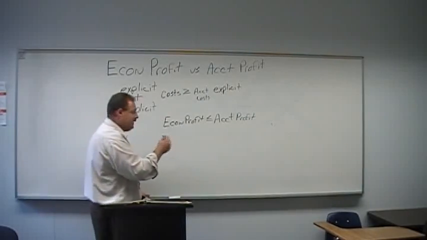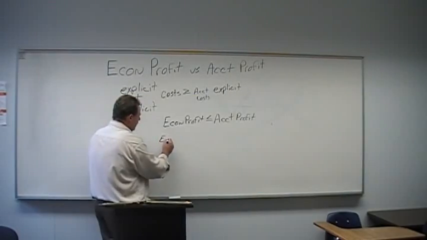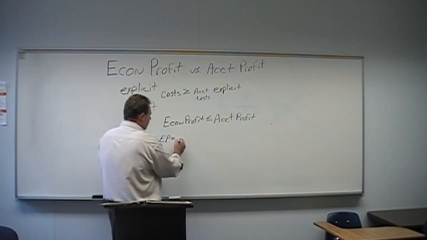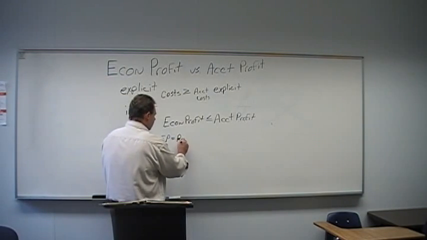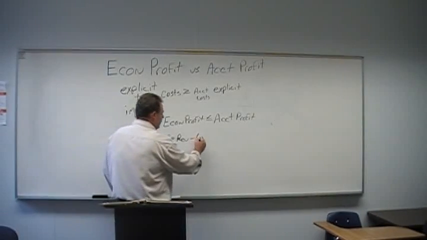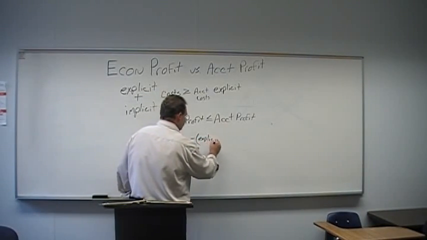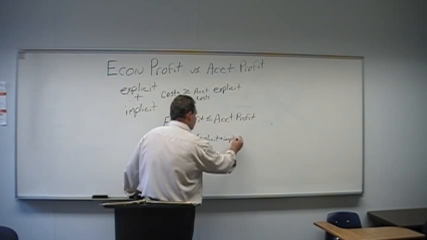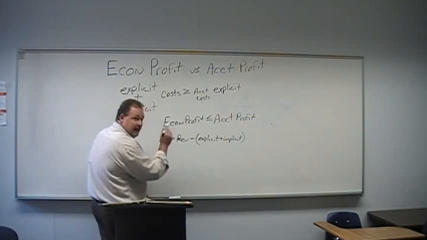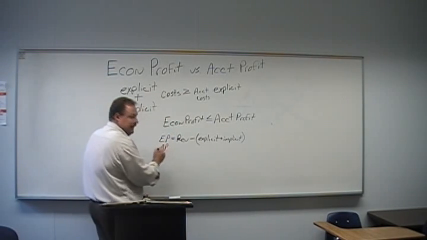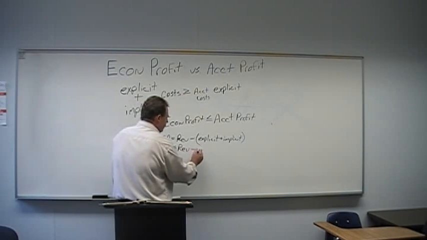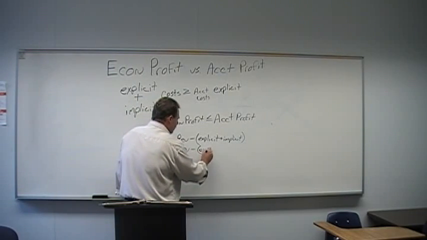If we actually wrote out these equations, economic profit, we'll call it EP, would be equal to revenue minus explicit plus implicit. Whereas accounting profit, we'll call AP, is equal to revenue minus explicit.